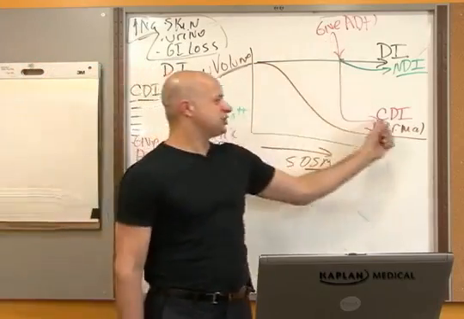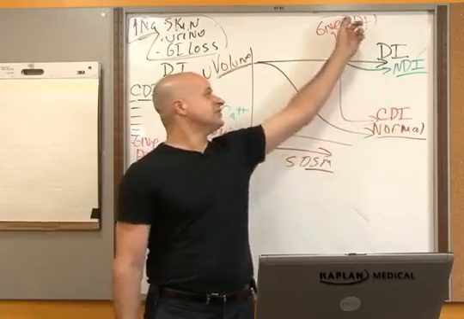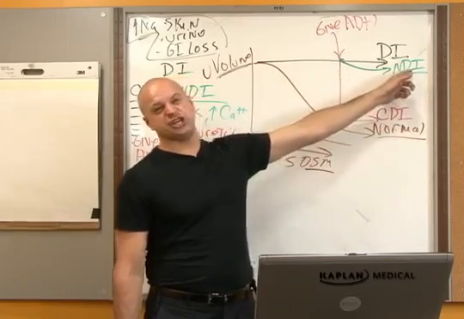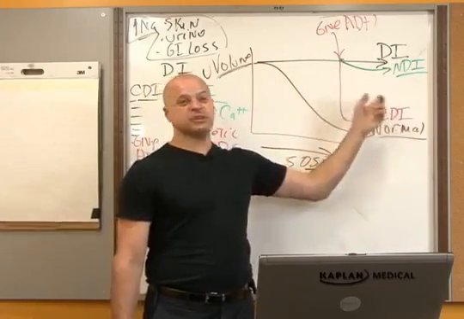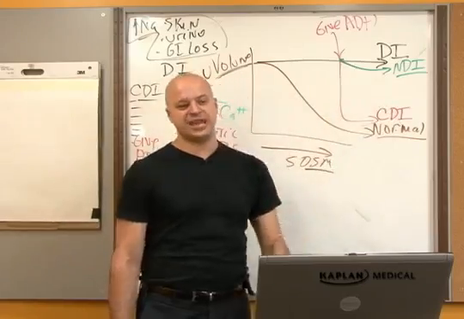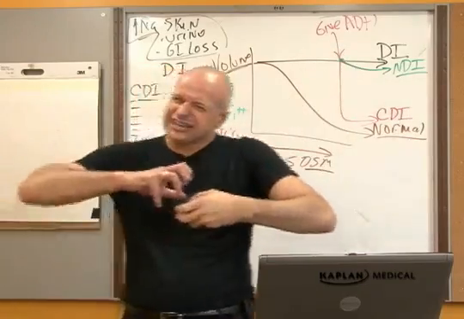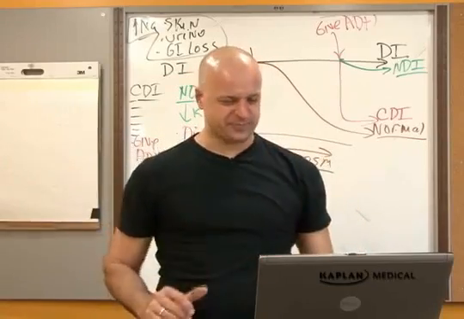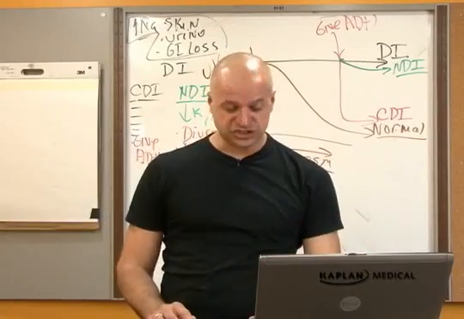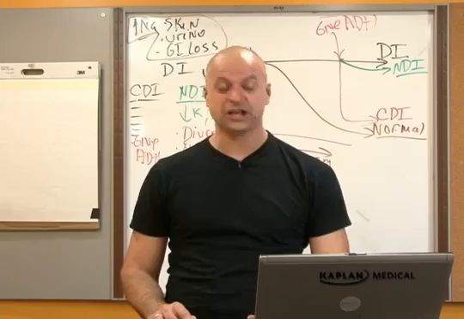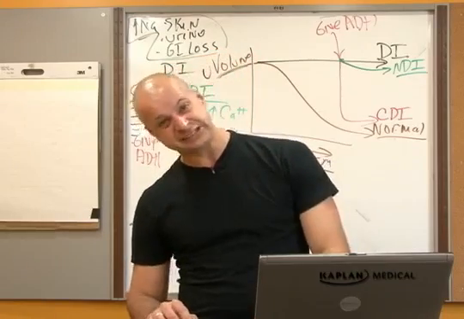If you give ADH, the volume goes down in central. If you give ADH, the volume won't go down in nephrogenic. Central: I don't have enough ADH, give them some ADH. Nephrogenic: diuretics can get a little residual concentrating ability out of the kidney. Amazing.